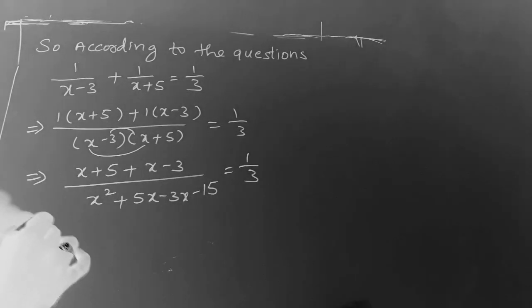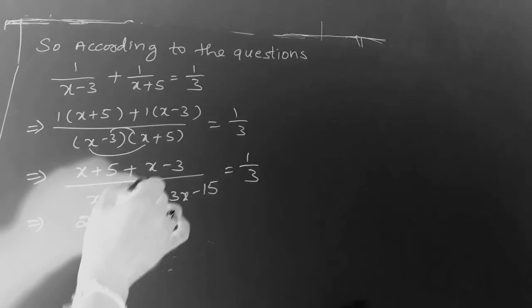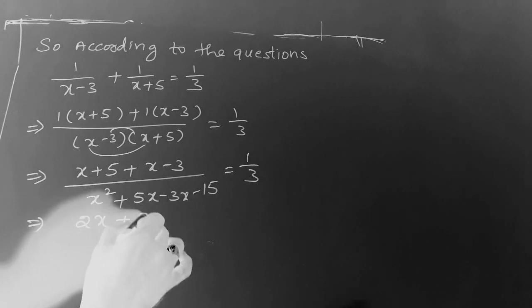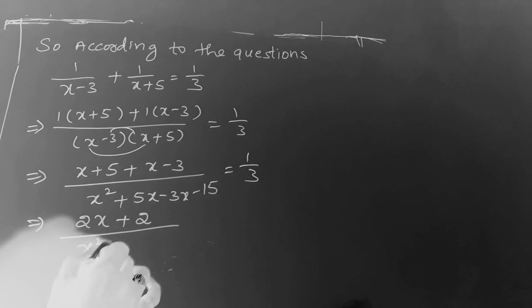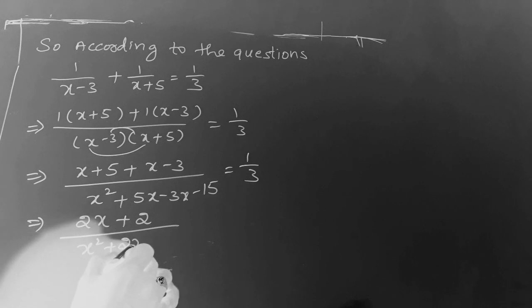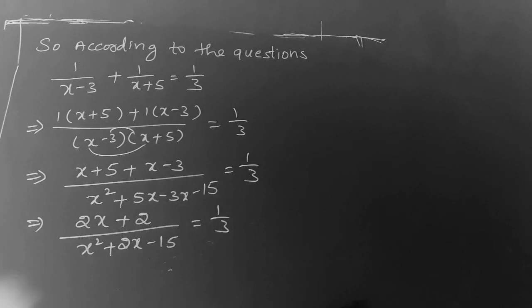So here x plus x is nothing but 2x, 5 minus 3 is nothing but 2, by x square plus 5x minus 3x is nothing but 2x minus 15. That is equal to 1 by 3.